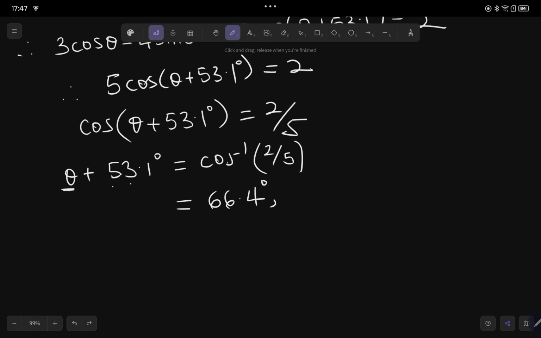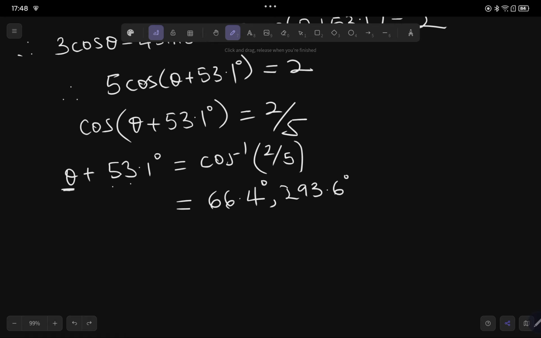Cos is positive in the first and in the fourth quadrant. In the fourth, it is 360 minus 66.4, giving us 293.6 degrees. Now let's see the fifth.